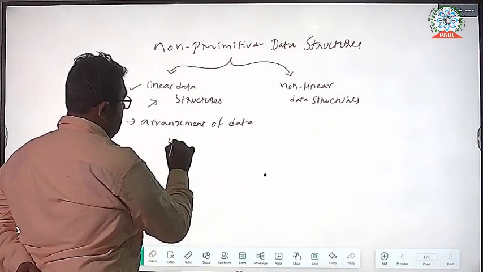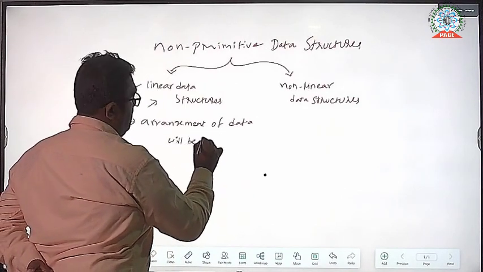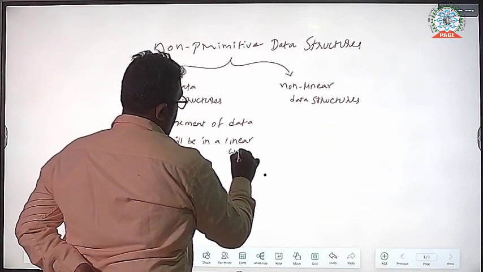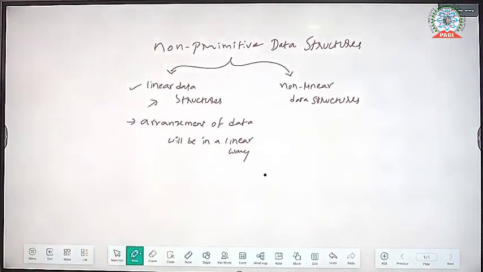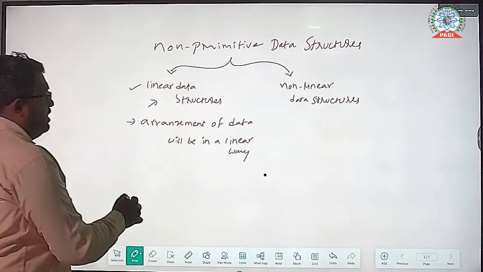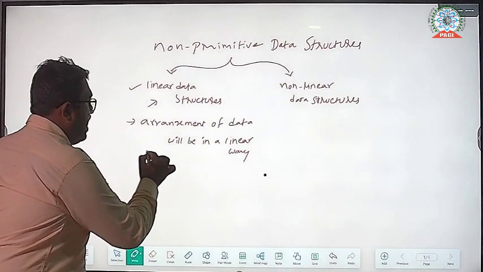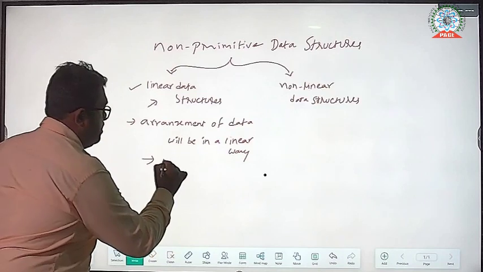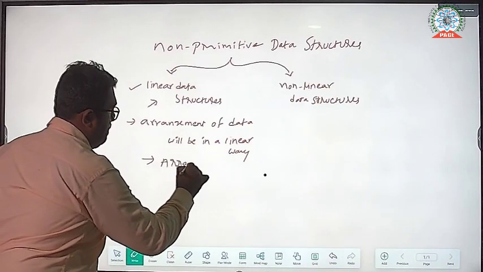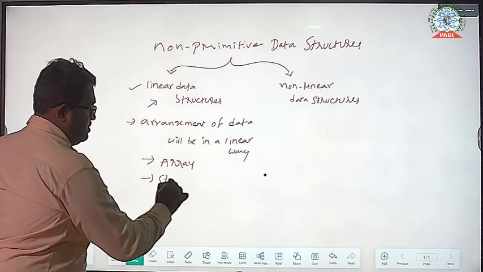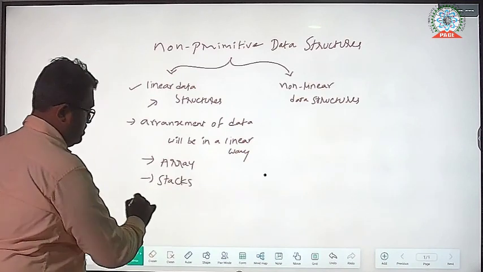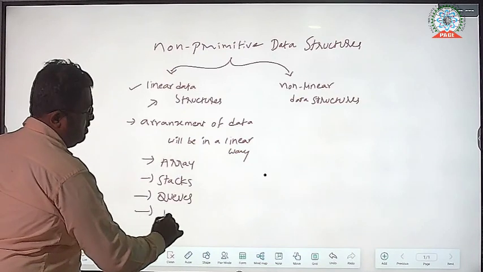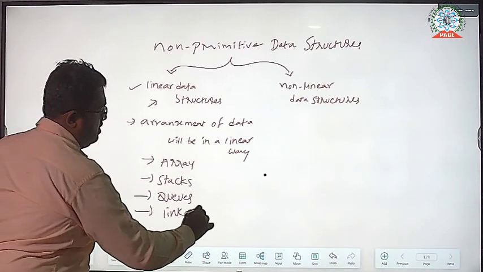Here we have different types of linear data structures like arrays, stacks, queues, and linked lists.